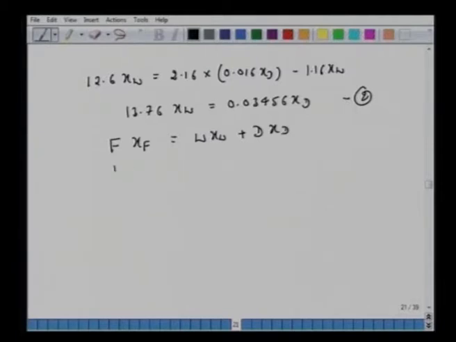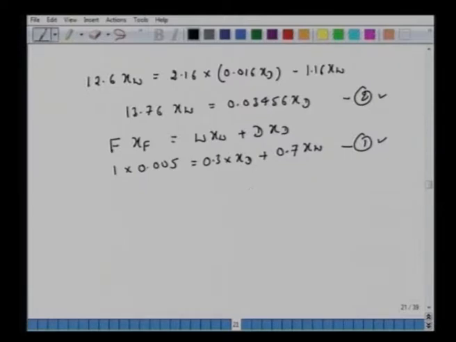F is 1, Xf was given as mole fraction 0.005. D we calculated as 0.3, into Xt, plus W we calculated as 0.7, into Xw. So this was the first equation, and now we have the second equation, equations 1 and 2.